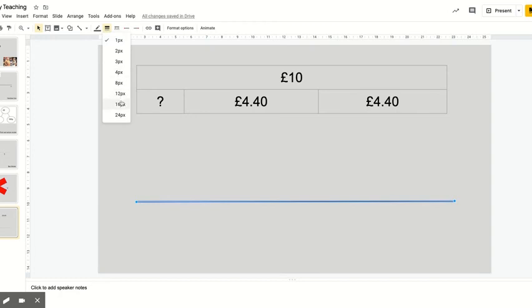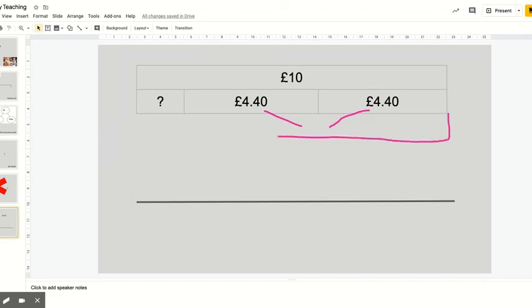Let's just change the thickness. There we go. So what I would do is I would add together these 2 numbers here to find out how much you spent all together. And my bar model would now look like this, and I know that's £8.80.